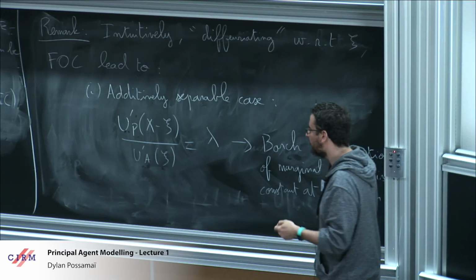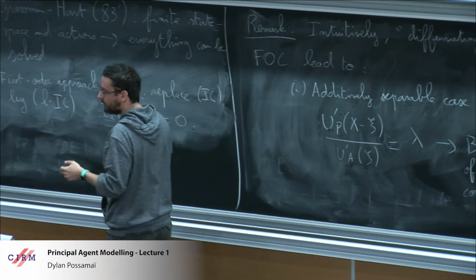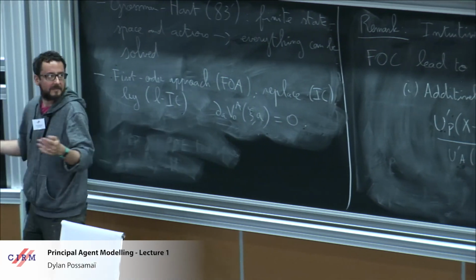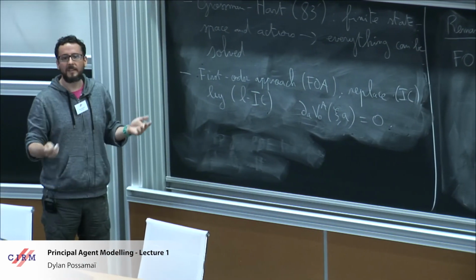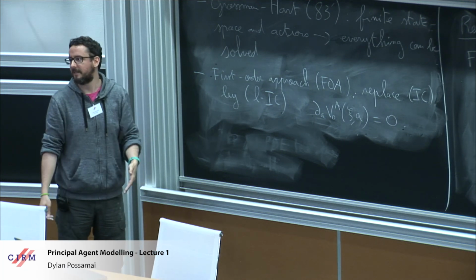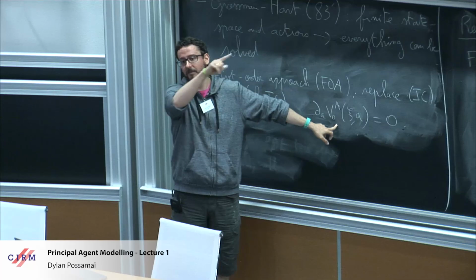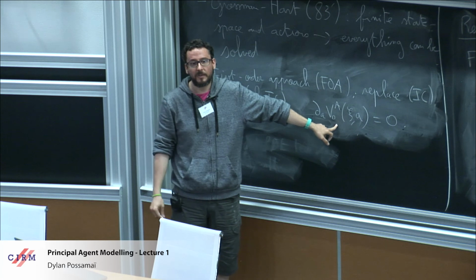So you have plenty of papers in the economics literature where they assume the first-order approach is valid. They deduce many things about optimal contracts, but the first-order approach is not valid in their context. So they're getting some contract that it's not even clear is optimal, because if you only assume that, nothing is preventing you from having a saddle point.